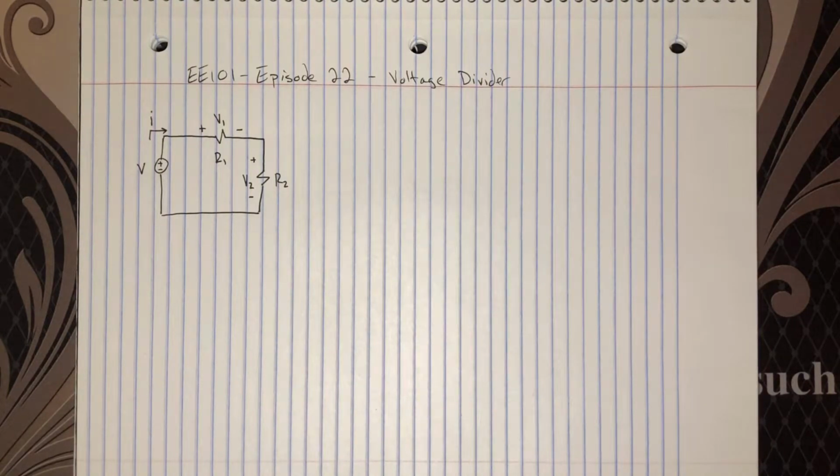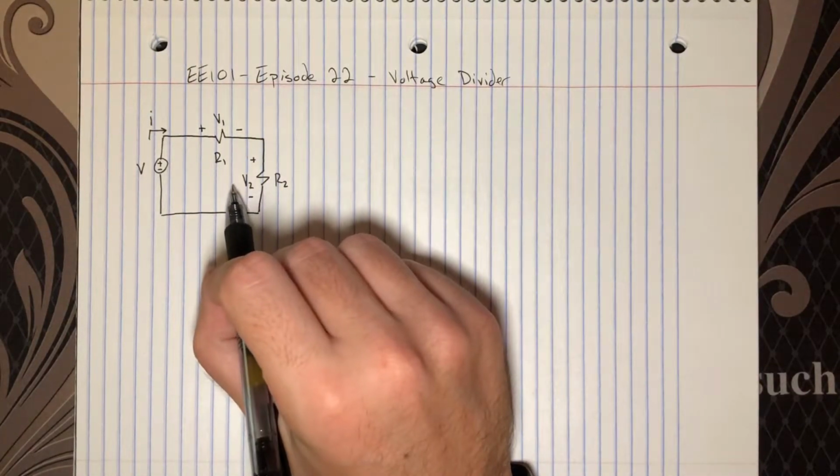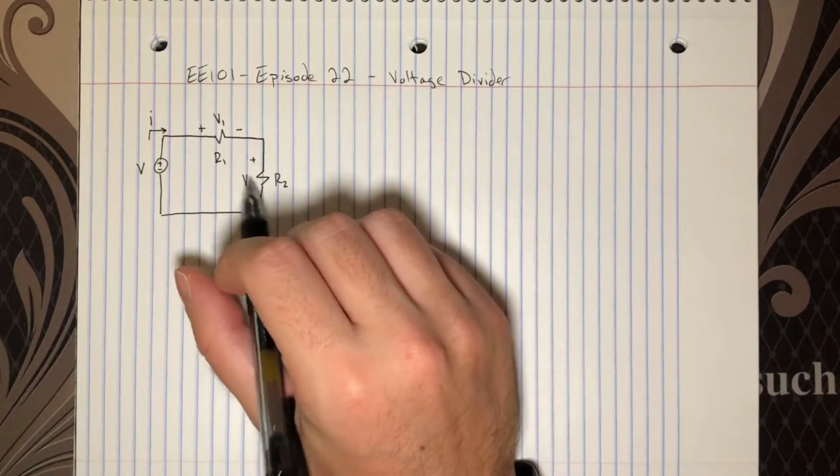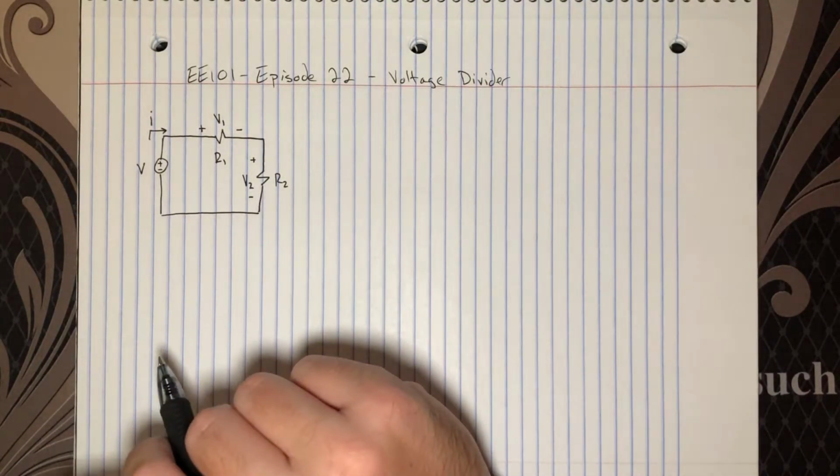So one way to think of a voltage divider is a symbolic expression that describes the relationship between two or more voltages in a circuit. In this most basic case, we're going to find a way to relate a voltage across one of these resistances to the source voltage.